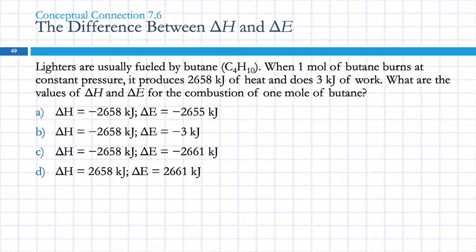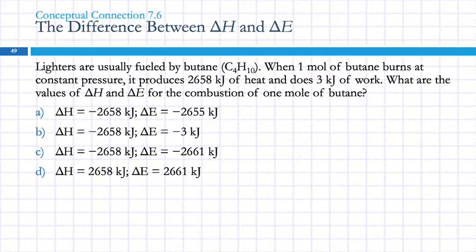Having said that, this problem: lighters are usually fueled by butane. When 1 mole of butane burns at constant pressure, it produces 2,658 kilojoules of heat and does 3 kilojoules of work.